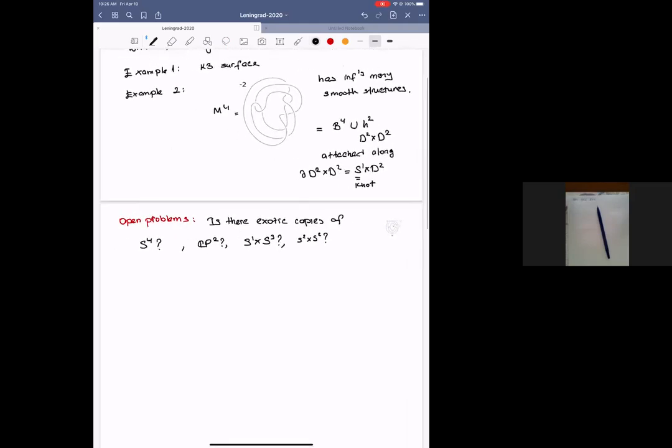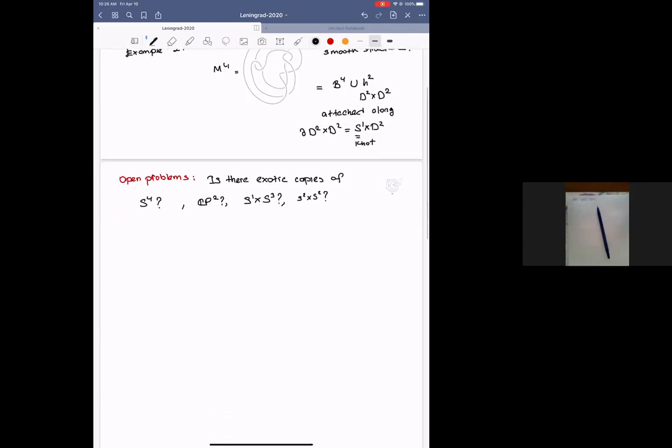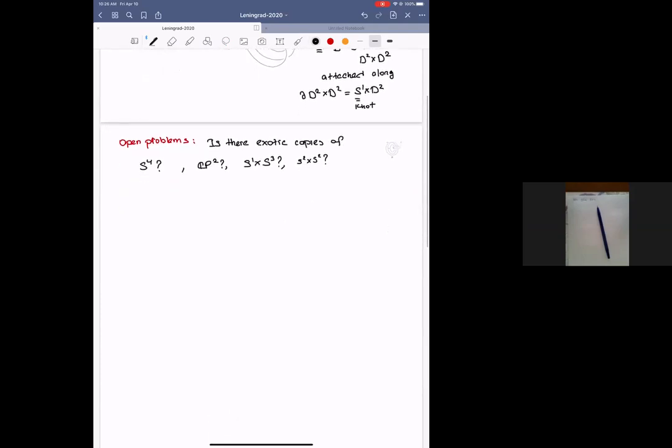Those are the main interests, the biggest open problems in the field, and we are playing around with those methods. So what are the approaches?